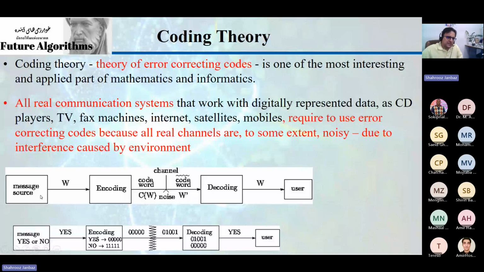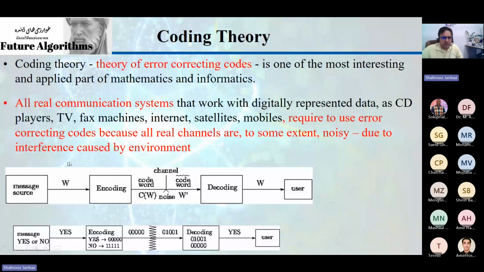You have a message source, and you have a message W. You have to encode it because you want to send it through the channel, and the channel has a fundamental property, which we call noise, and noise destroys the message.